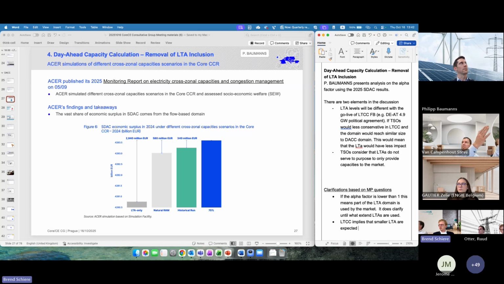If you keep this setup with LTA inclusion of operational security, by transitioning from uncoordinated to coordinated LTCC, you would have this effect on social welfare in the day-ahead. How big it is, we cannot just say like that.